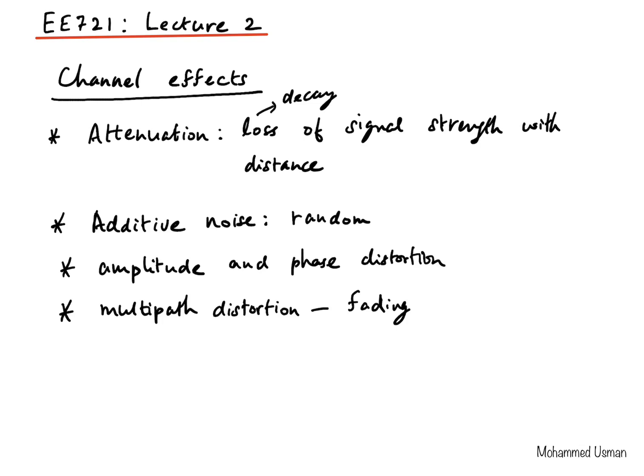Whenever we design our system and come up with solutions for dealing with the effects of the channel, we can't just adopt any solution of our choice. There are certain constraints within which we need to develop and design our systems. So let's discuss some of these constraints.